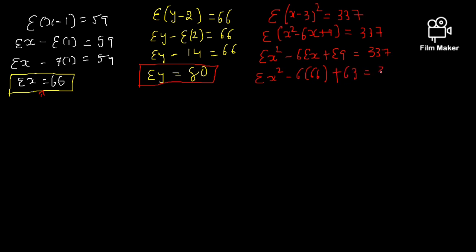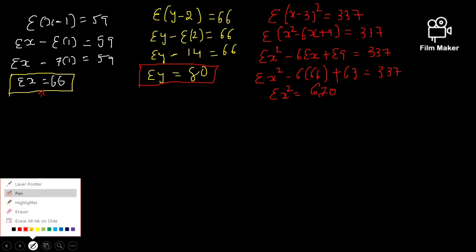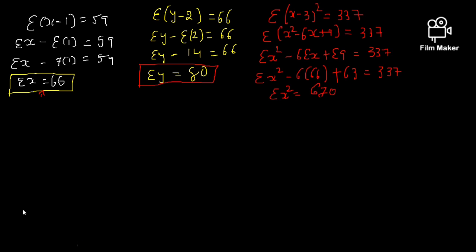By solving the left hand side, sigma x square equals, the remaining numbers we put on the other side, in addition to 337, and which comes to 670. So that is our sigma x square, which is 670.